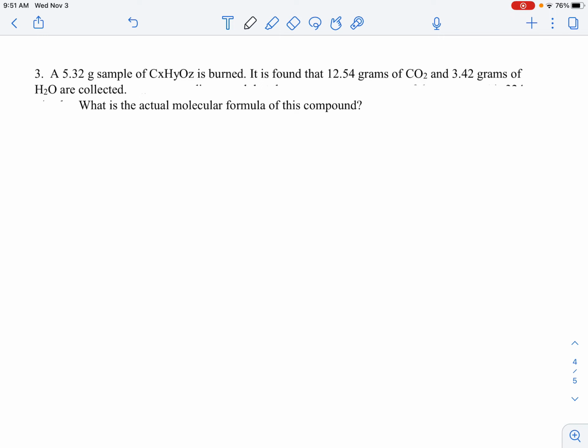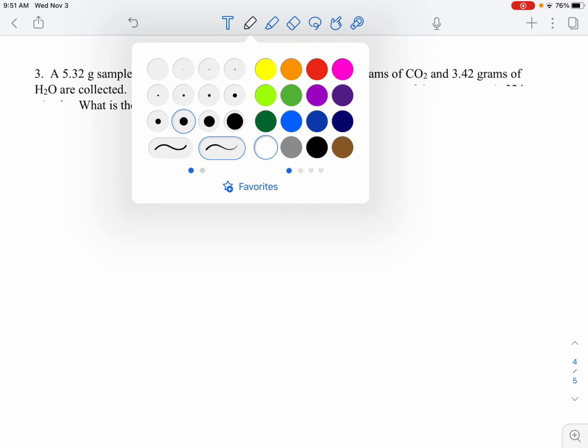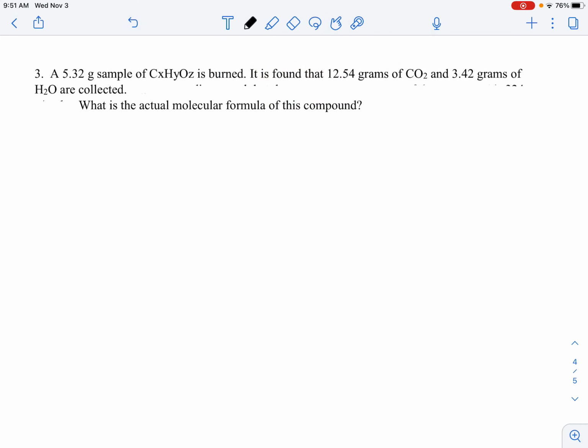So what we're going to do is try to get the empirical formula just like we did before. I got a 5.32 gram sample and I got 12.54 grams of carbon dioxide and 3.42 grams of water. Let's start the process just like we did before.